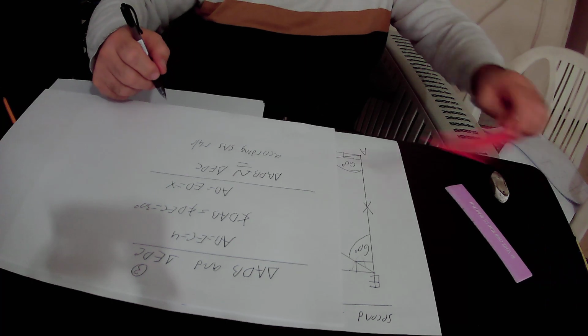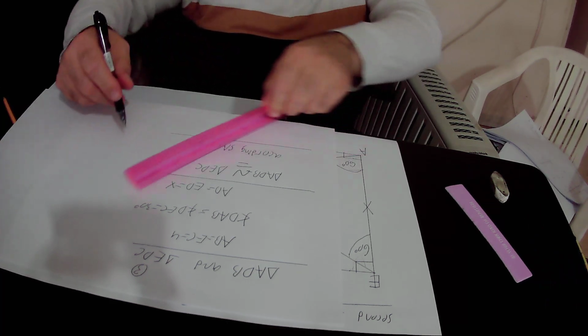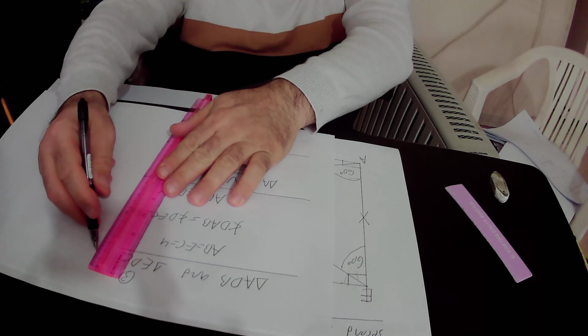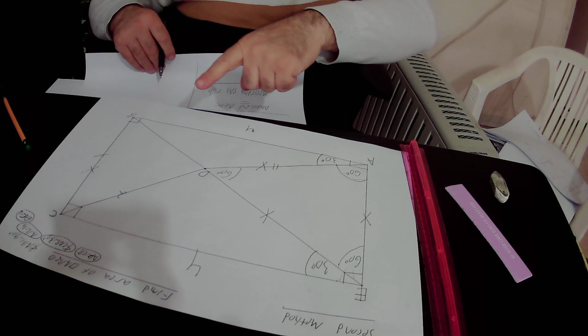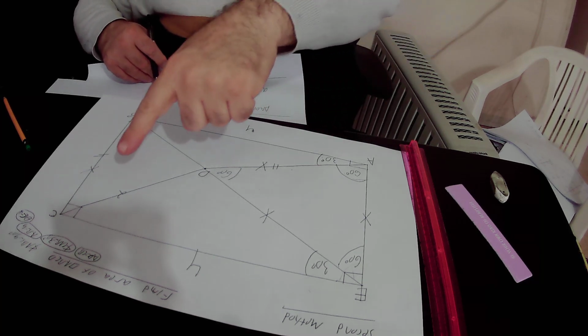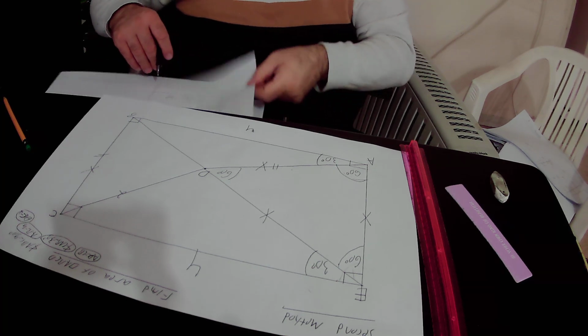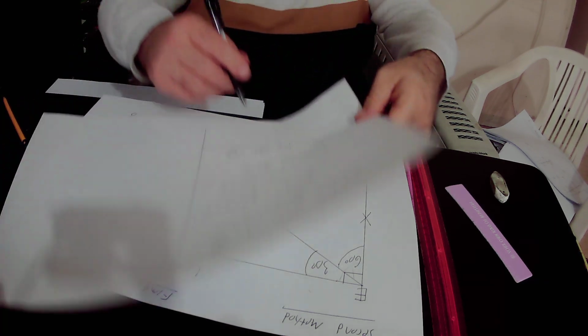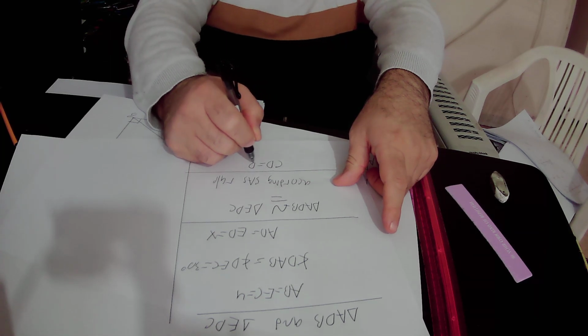From the fact that those two triangles can go into each other, we will conclude that CD equals DB.